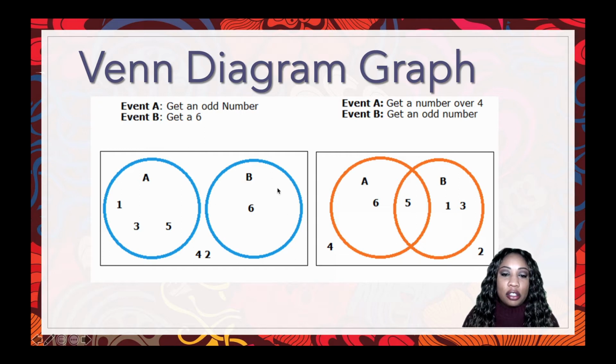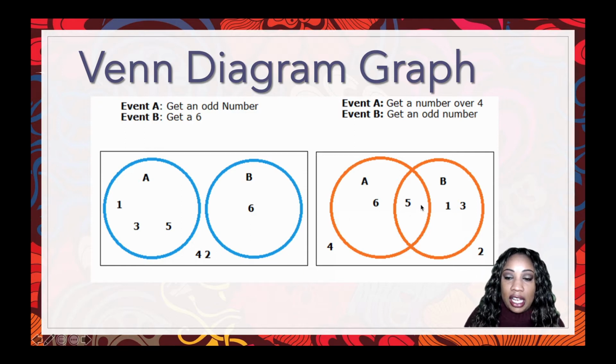So in my circle for my event B, I'm going to have 6. And then 4 and 2 do not fit in either A or B. So if you notice, I have 2 completely separated circles. There is nothing in the middle that is an odd number, and for me to get a 6.